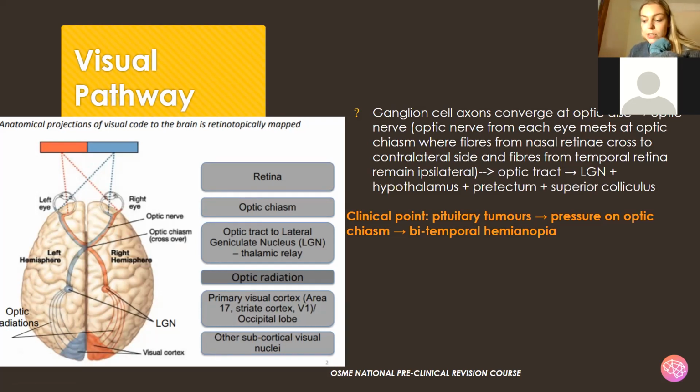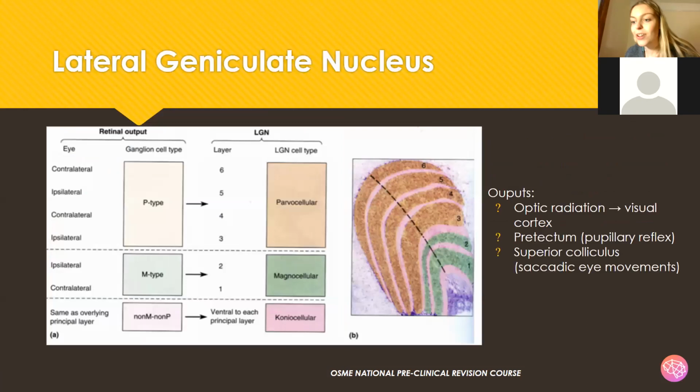It goes to the pretectum as well, which is important in the pupillary reflex, and it goes to the superior colliculus, which controls the saccadic eye movements by the trochlear and abducens cranial nerves that we've discussed. Cool, okay, still lots to get through.